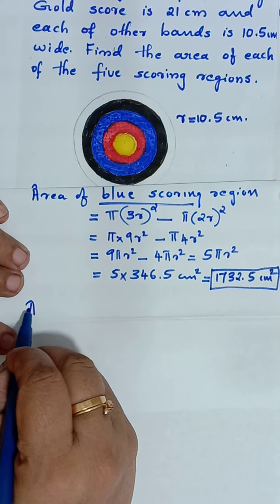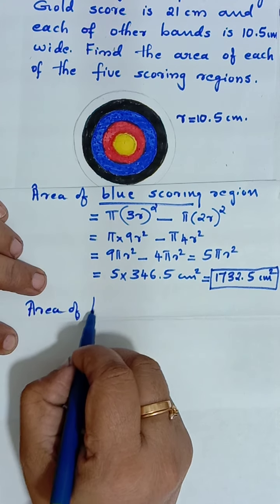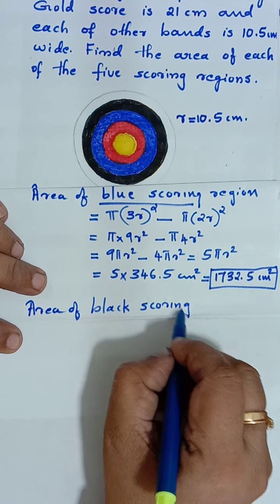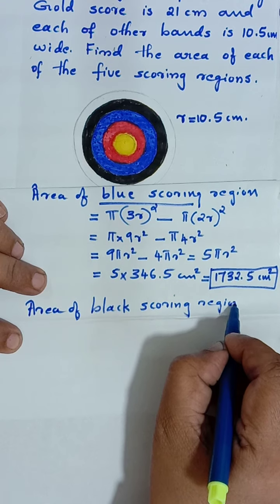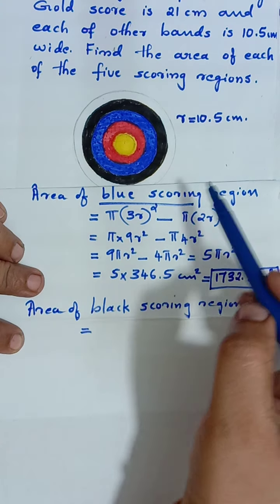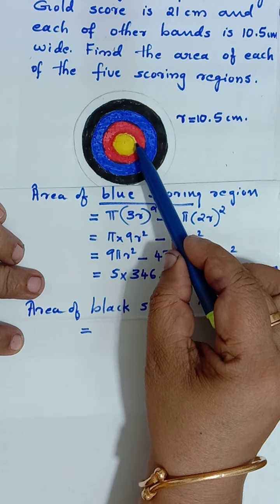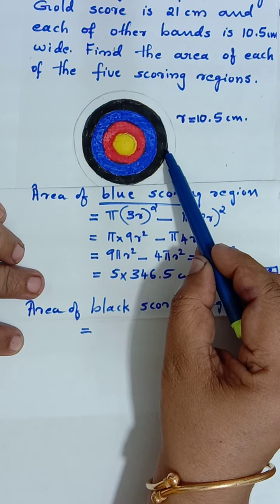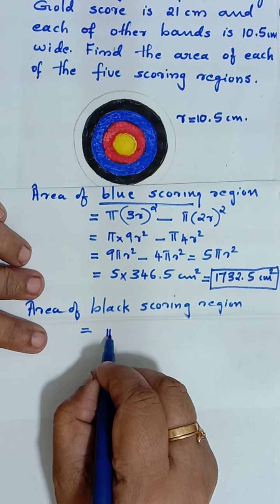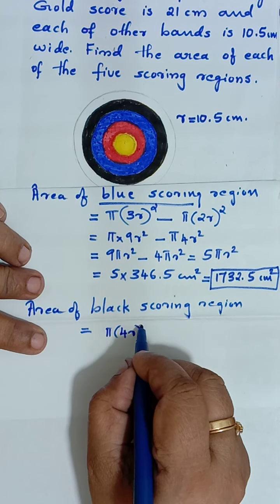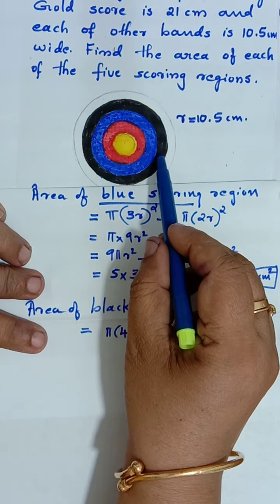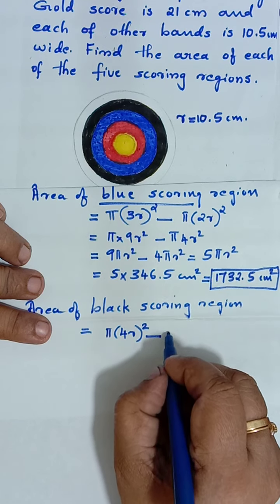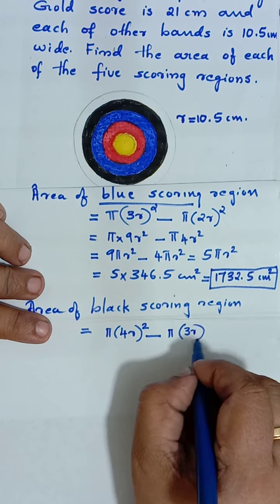So area of black scoring region. From the figure you can make out, blue scoring over black scoring means R plus R plus R plus R, 1, 2, 3, 4. 4R square will come. So pi into 4R whole square minus, just below that it will be 1, 2, 3 only, so pi into 3R square.